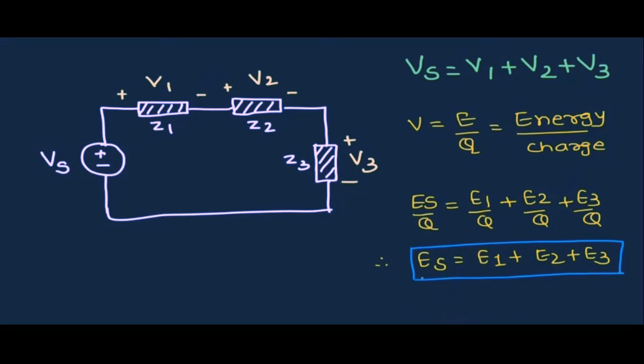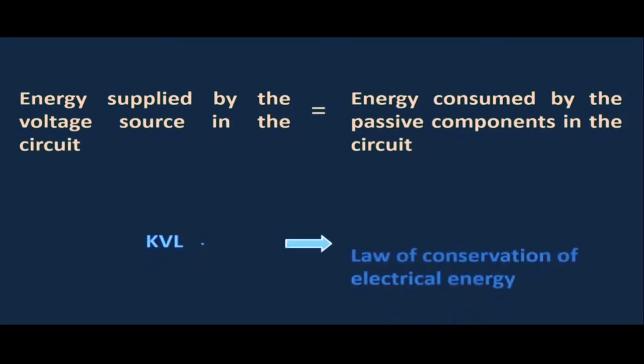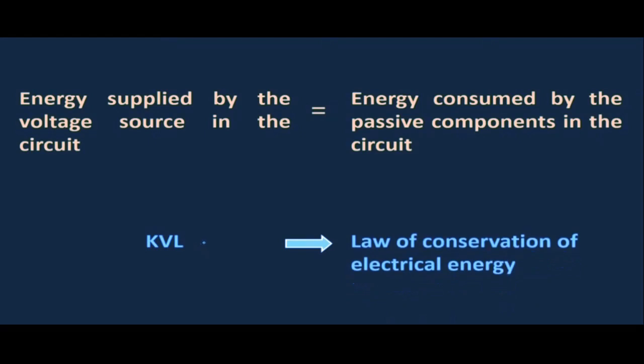Looking at this expression, we can say that the energy supplied by this voltage source is equal to the energy dissipated across these three passive components. So the energy supplied by the voltage source in the circuit is equal to the energy consumed by the passive components in the electrical circuit. So we can say that KVL is nothing but the law of conservation of electrical energy.